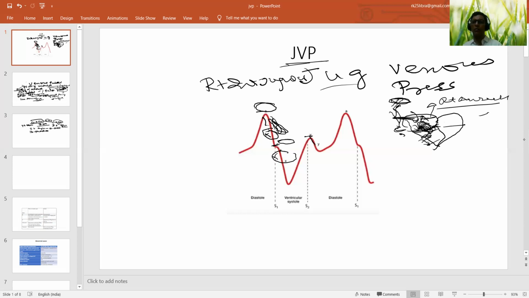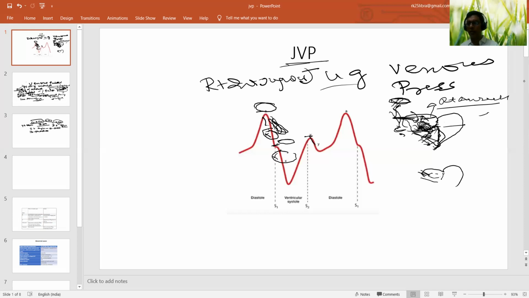Now, this ventricle keeps on contracting. What happens at this time? These are the veins where the blood is entering, and they are getting relaxed.